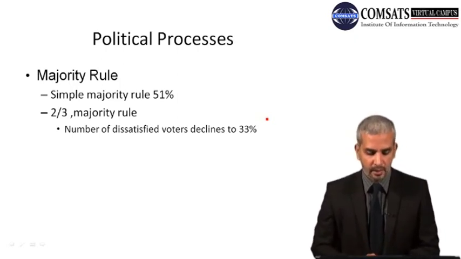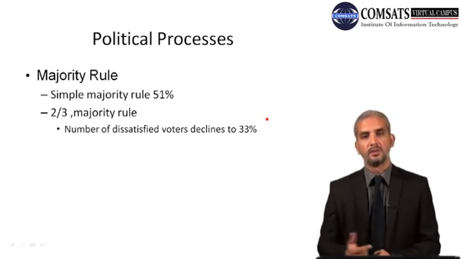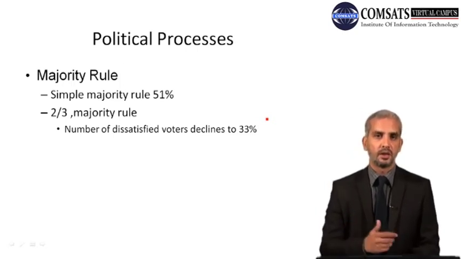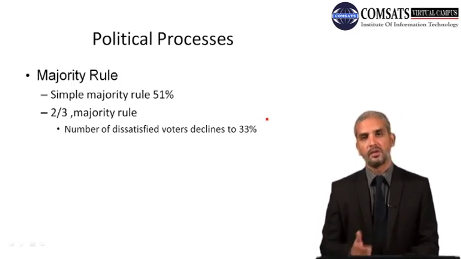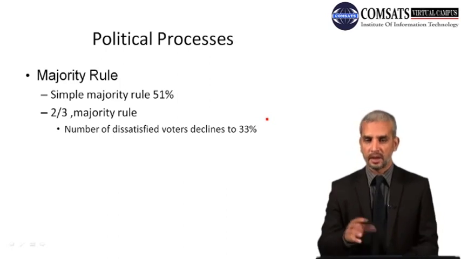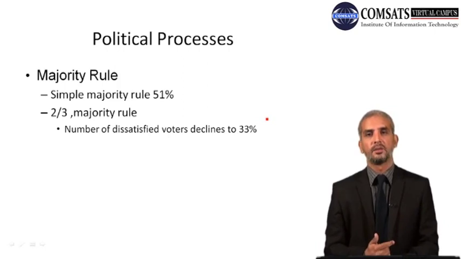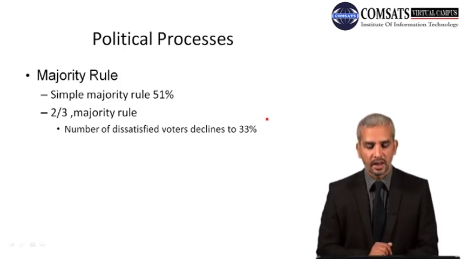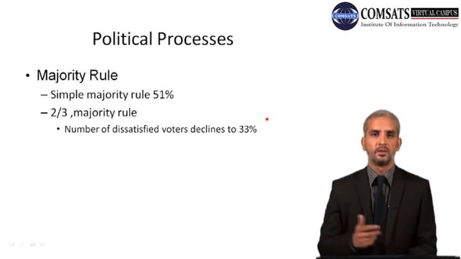Then there are other majority rules. For example, a 2/3 majority rule would represent that 2/3 of the individuals would need to vote yes for an alternative to be accepted. Now you see, in case of simple majority rule, 51% of the individuals are saying, let's assume that the choice is again between having more security guards or not. So in that case, if 51% of the individuals, that would be 4 out of 7 individuals, would choose to hire a security guard, the security guard would be hired.